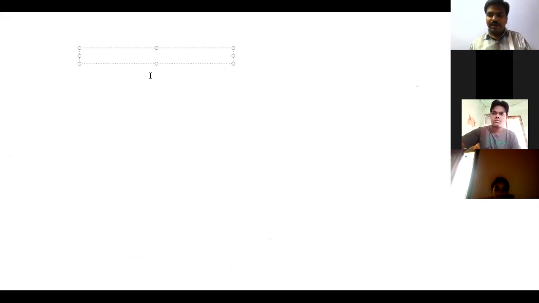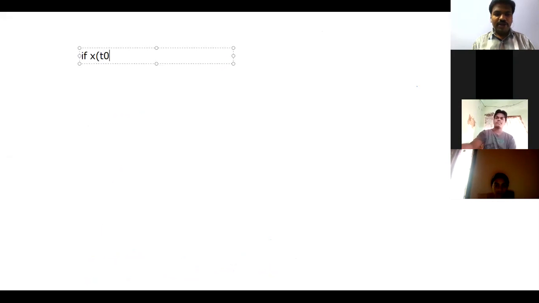Now see here. Case 1: if x of t is an even function.